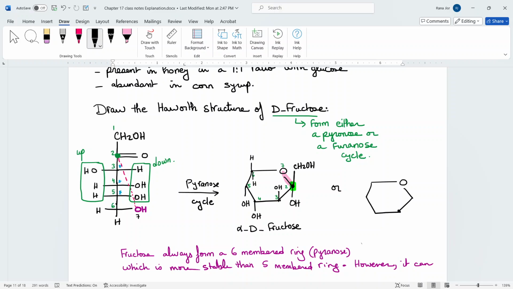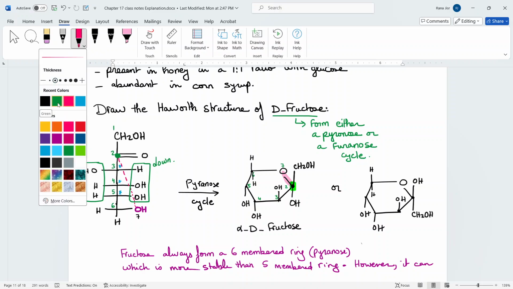Okay, we're going to do the same thing in there. So you have your OH, and then your OH. This is carbon number 6, so we can leave it blank or put the 2 hydrogens like that. Oxygen 7. So if your OH is up, then the CH2OH is going to be pointed down in this case.